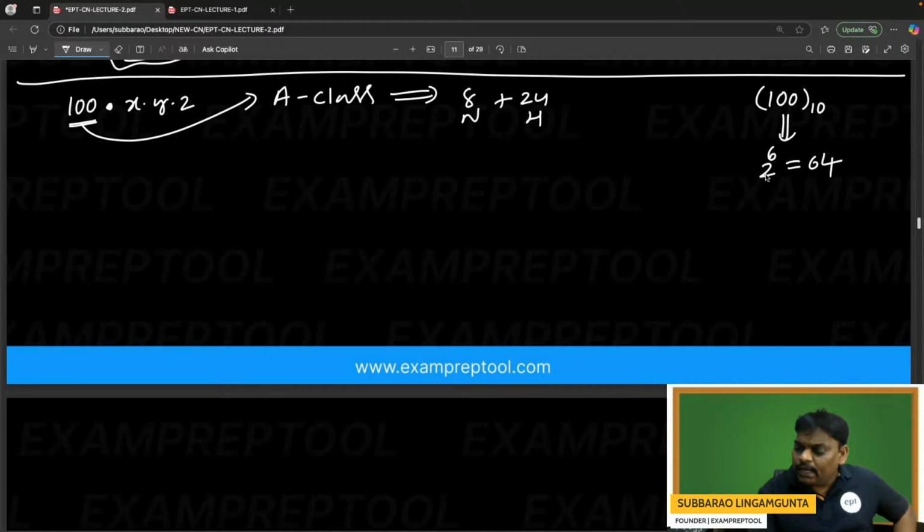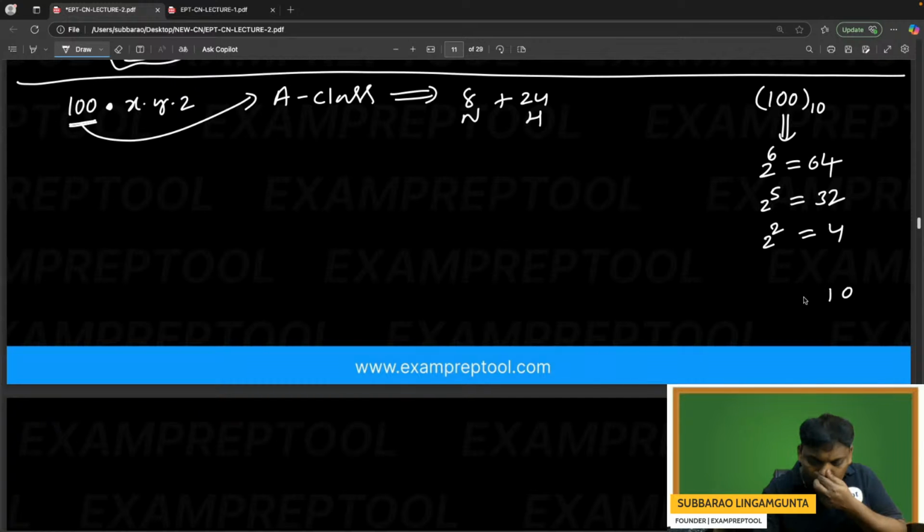Remaining is 36. Closest is 2 power 5, 32. Then 4 only is required, which is 2 squared, 4. So see the binary number.